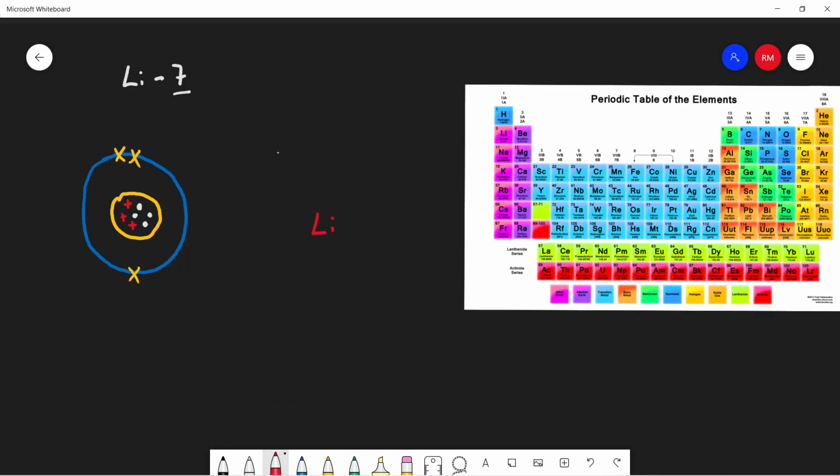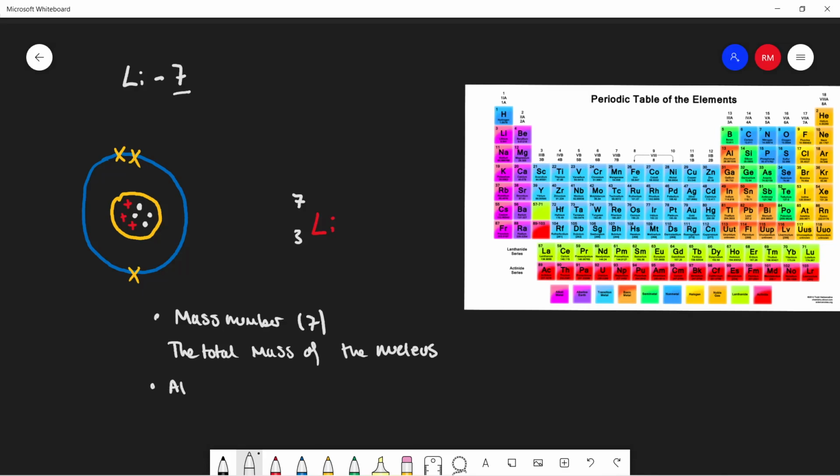Now we can always write lithium as this. We can write lithium as Li, and then its mass number here, and its atomic number here. The mass number of lithium, which is 7, is the total mass of the nucleus.